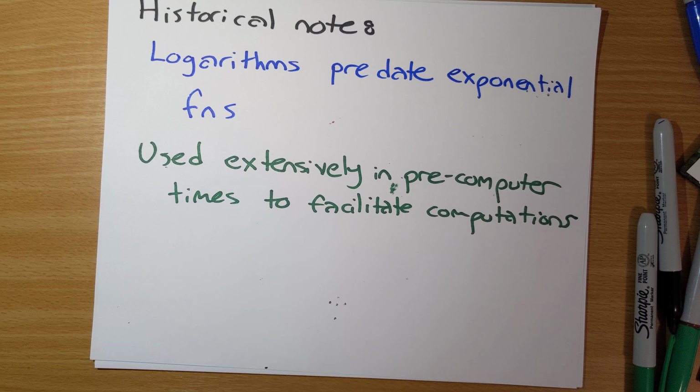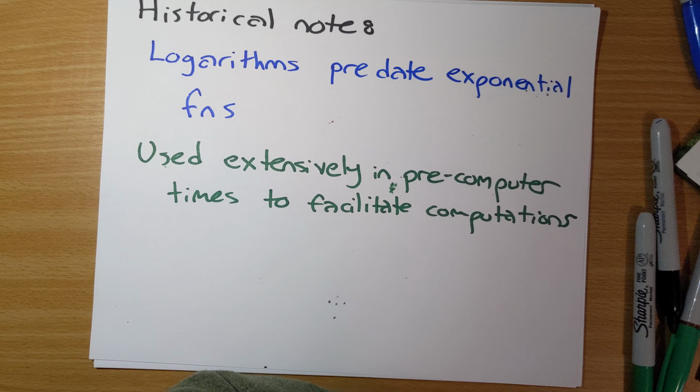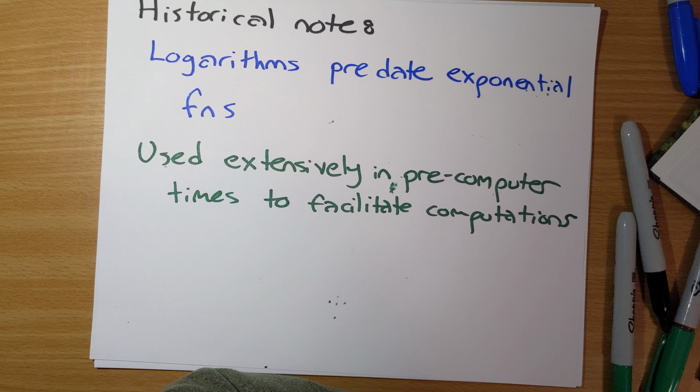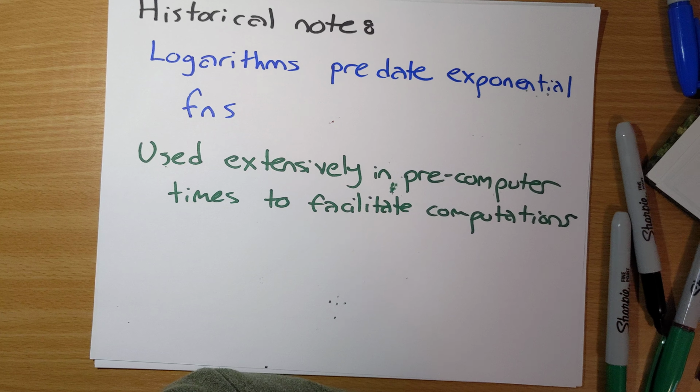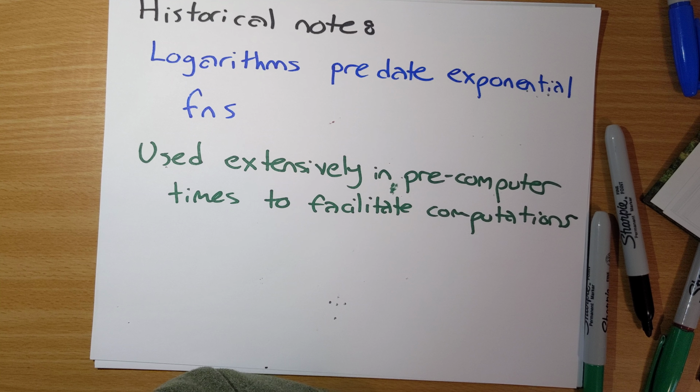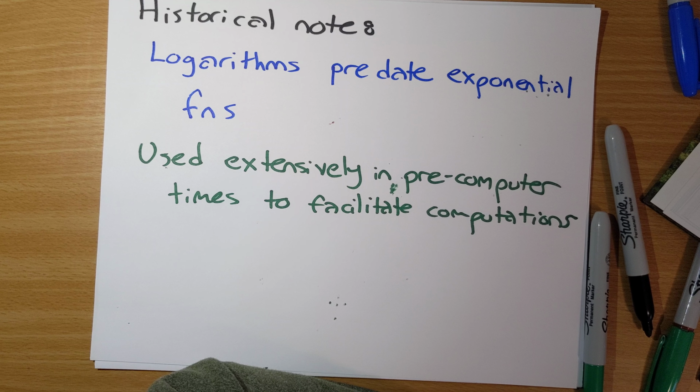Logarithms were developed in the early 1600s, before people were thinking as carefully about exponential functions. They no longer are used for this as much anymore, but in pre-computer days, if people wanted to do lots of long-hand computations, it was often easier to facilitate calculations with logarithms, because instead of multiplying numbers together, you could add their logarithms together. We'll see in the next video that multiplication kind of becomes addition when you deal with logarithms.